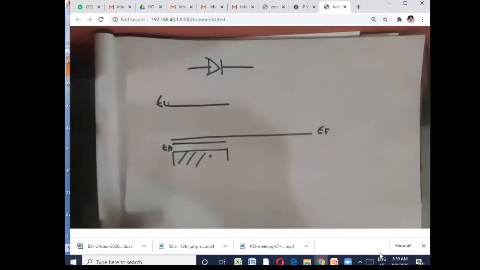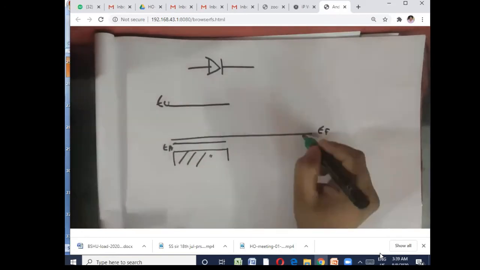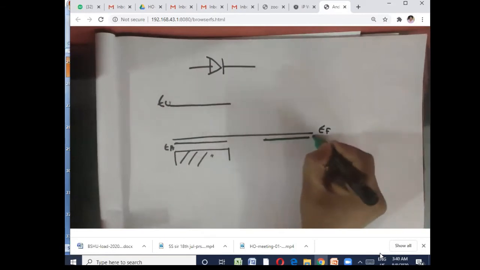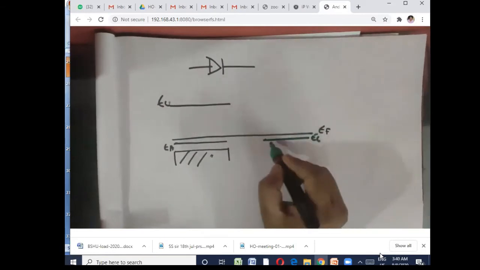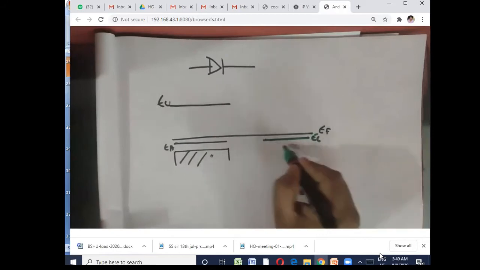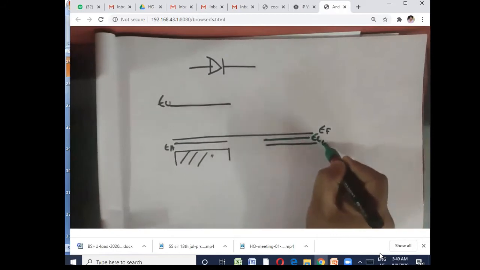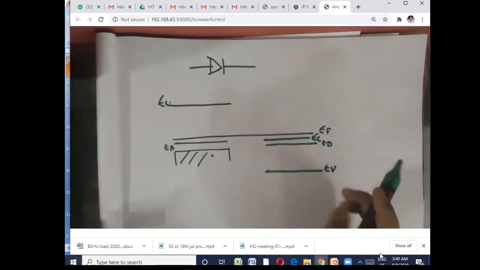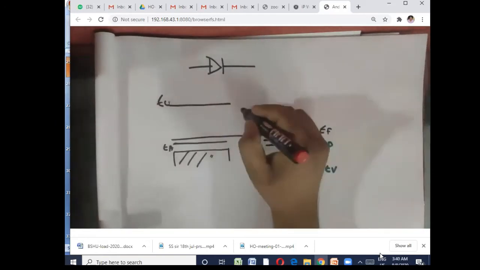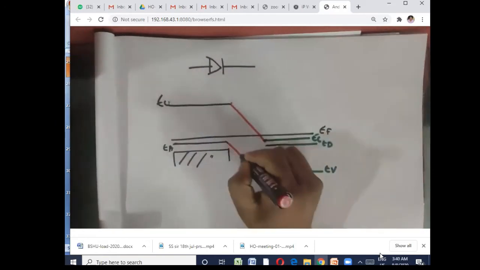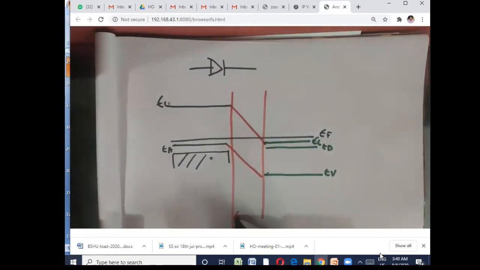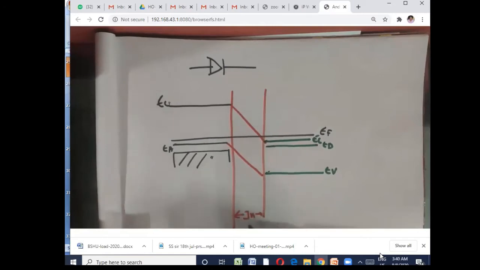And in the N side, this is the conduction band, the donor level, and the top of the valence band. So this is your junction. This junction is the key. We have created the PN junction.